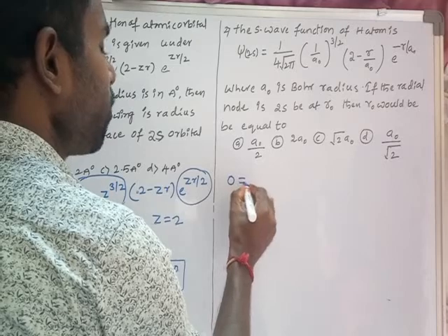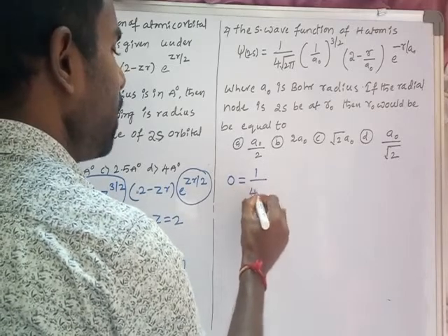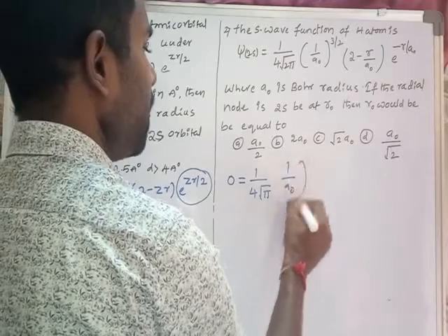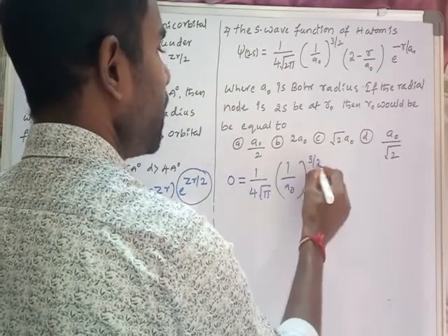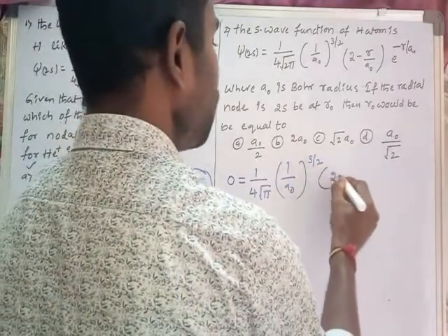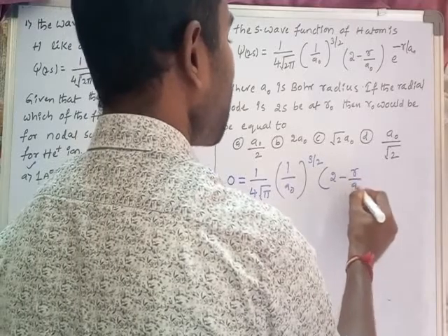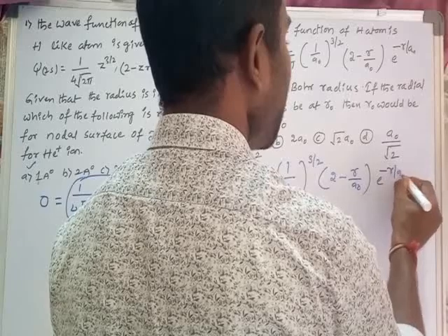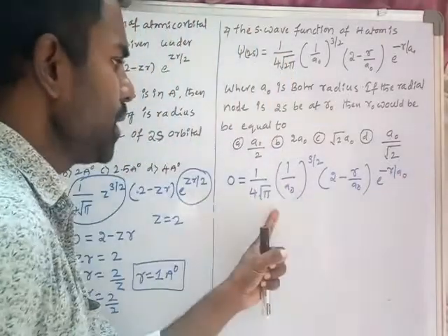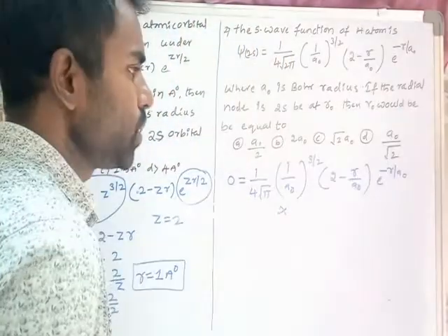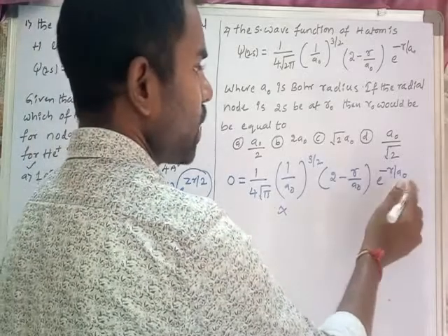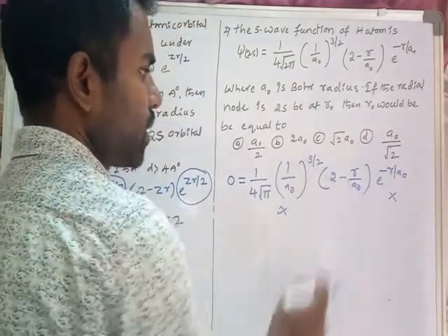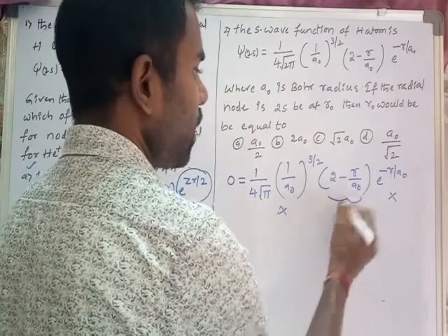Means 0 equal to, what we can write? 1 by 4 root pi, 1 by a0 to the power of 3 by 2, into 2 minus r by a0, e to the power of minus r by a0. It is constant, it cannot be equal to 0. Next, it is an exponential term, it cannot be equal to 0, because minus is there. Next, so here it can be equal to 0.